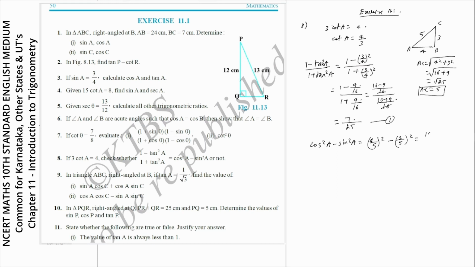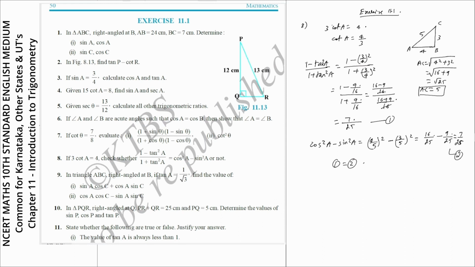So this is equal to 16 by 25 minus 9 by 25. So here I am getting 7 by 25. So this I'll mark as 2. So 1 is equal to 2. It's proved.